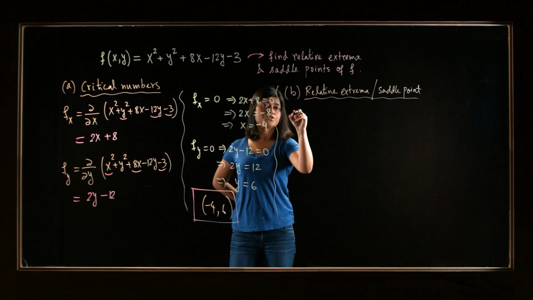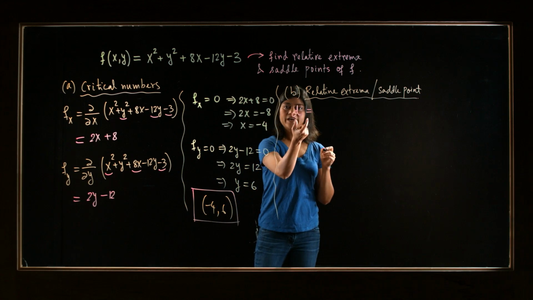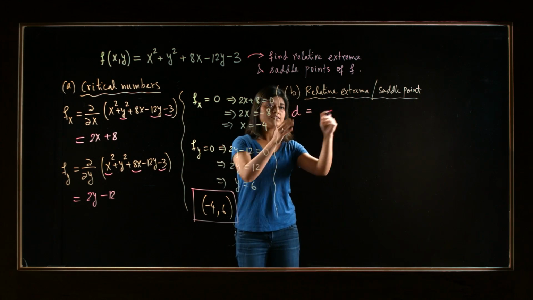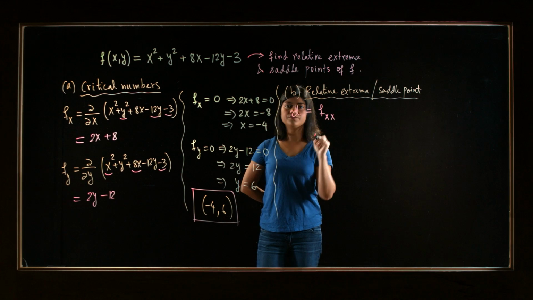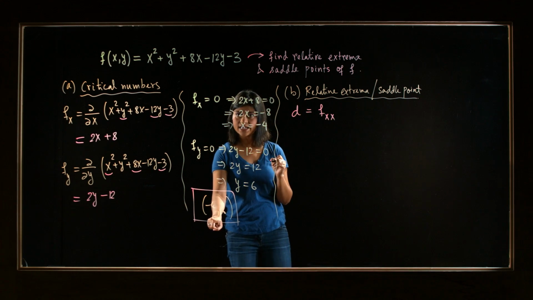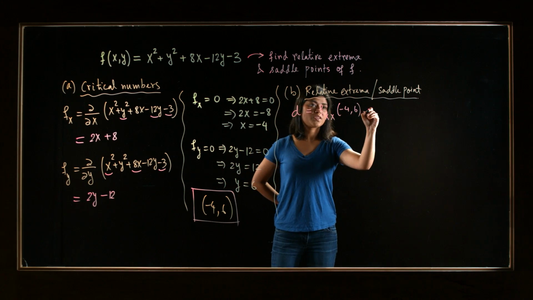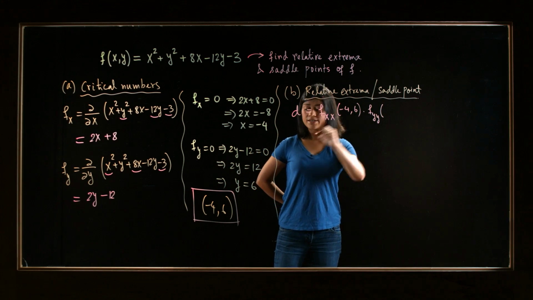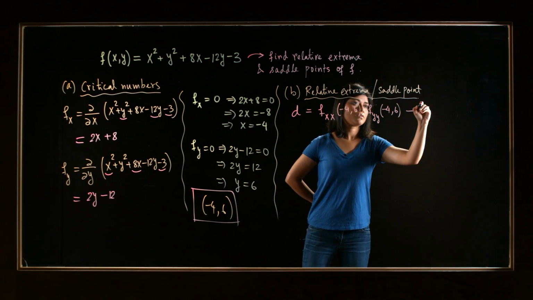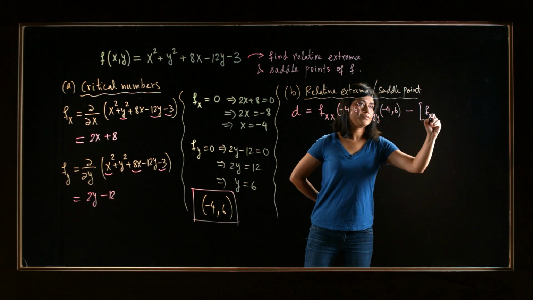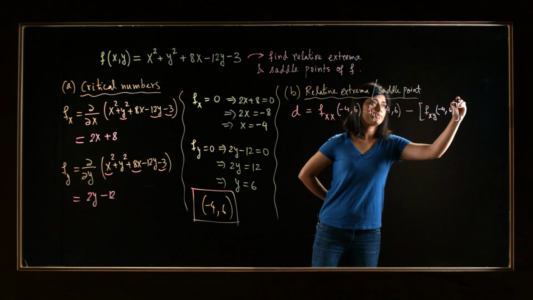Recall, we need to compute this value d, and the formula is the second partial derivative fxx at the critical number times fyy at this critical number minus fxy at the critical number (-4, 6) squared.